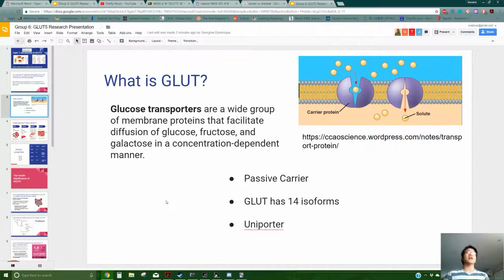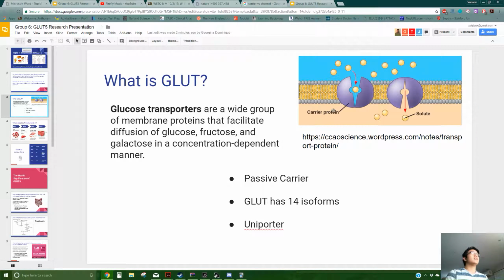So what is GLUT? It is abbreviated as glucose transporters, and they come from a family of solute carrier 2 proteins, and they allow glucose, fructose, and galactose to enter the cell down a gradient.